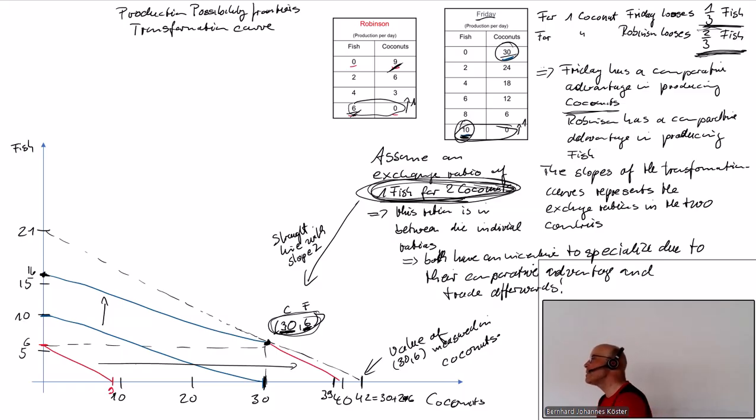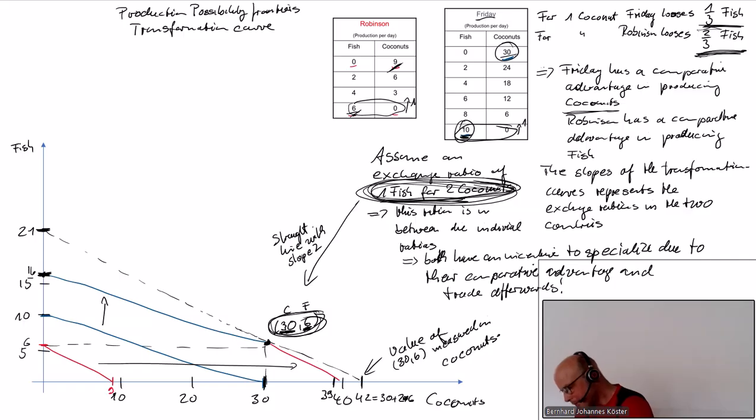If everybody is producing only for themselves, then measured in the units of fish, they separately have the possibility to produce 16 fish. If they are working together with an exchange ratio of 1 over 2, they can produce a basket overall with an overall value of 21 measured in fish.